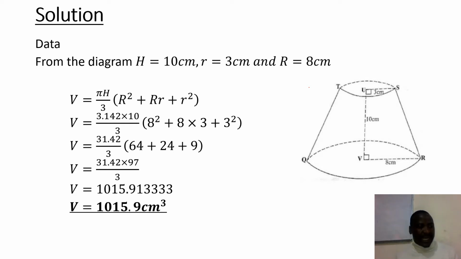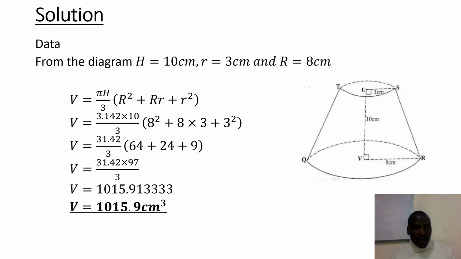Radius of the smaller circle is 3 centimeters. And radius of the larger circle, which is the base of this frustum, is 8 centimeters. So making substitution, we are going to say 3.142 times 10 over 3, open bracket, 8 squared plus 8 times 3 plus 3 squared.